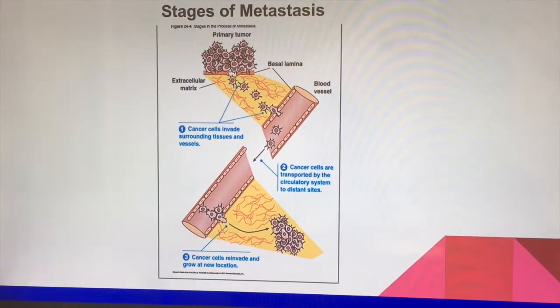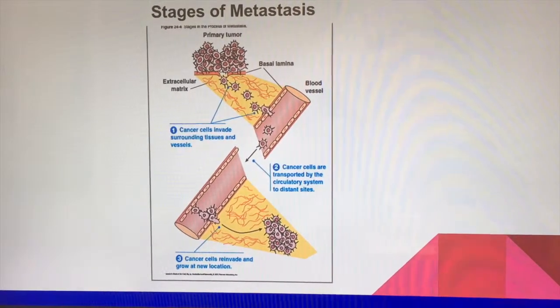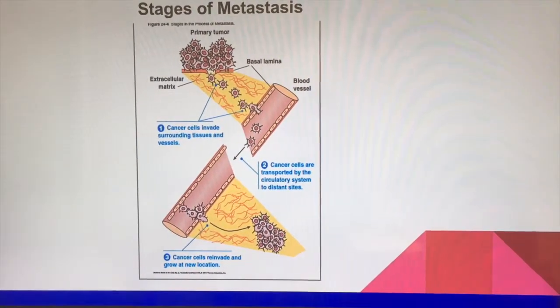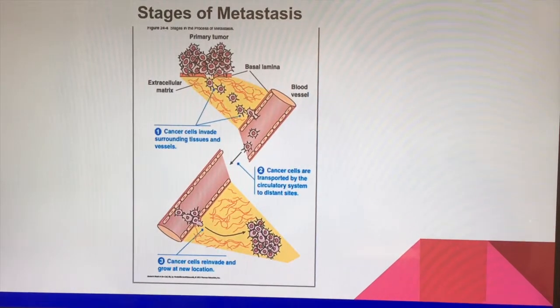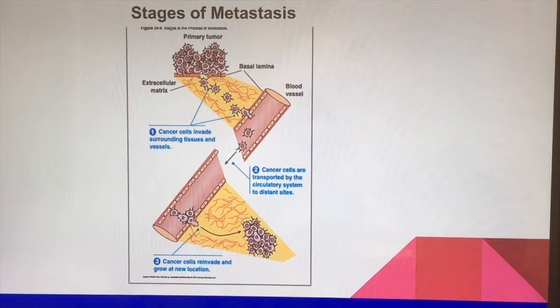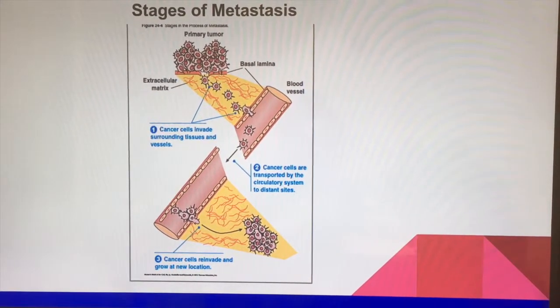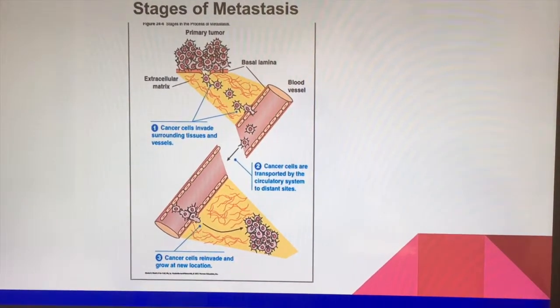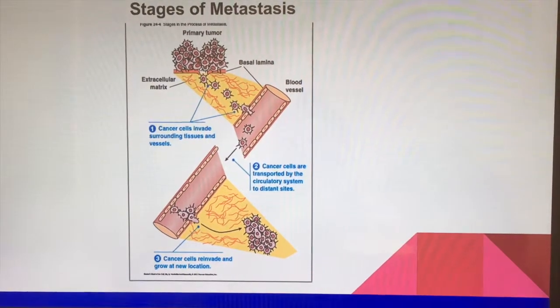Right here it shows the stages of metastasis, and there are 3 steps. The first step is that cancer cells invade surrounding tissues and vessels, and basically in this step they're different from benign cells, and they can leave the initial cells and go to surrounding cells.